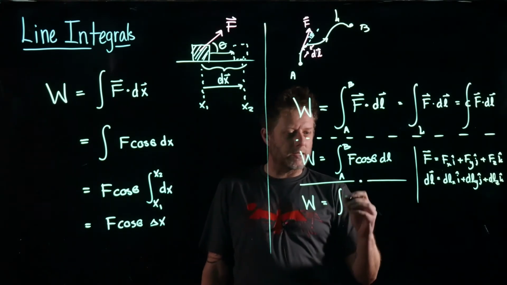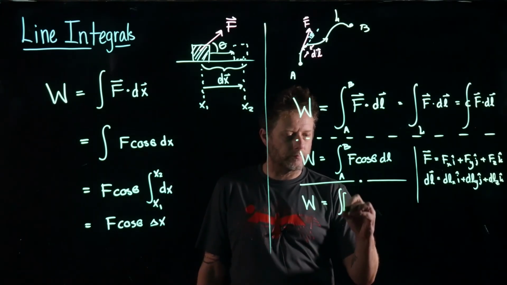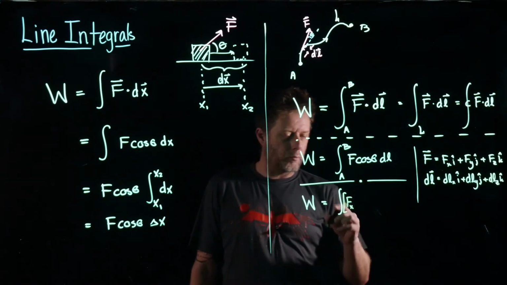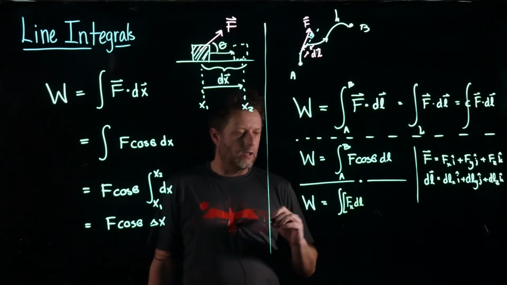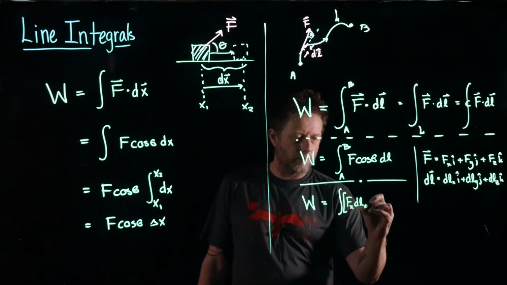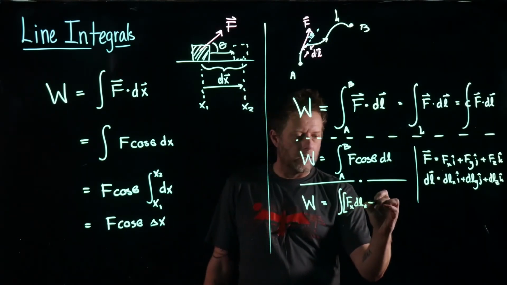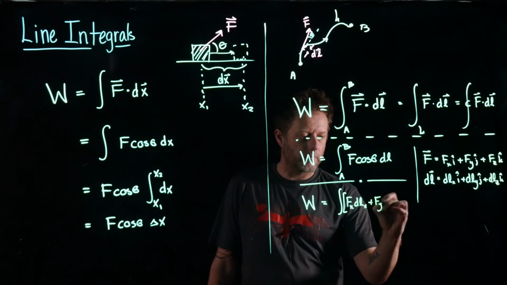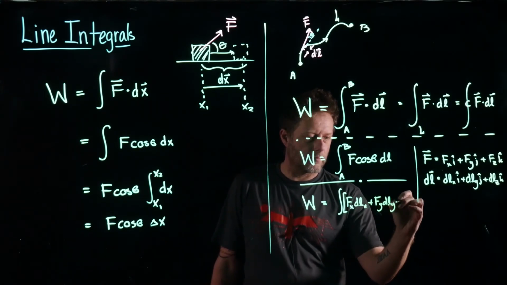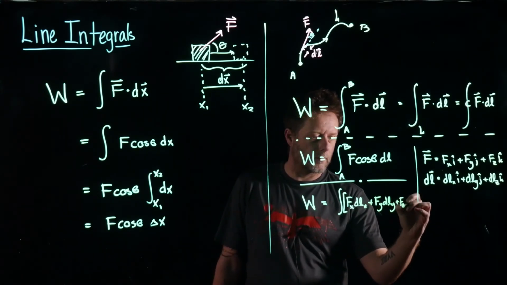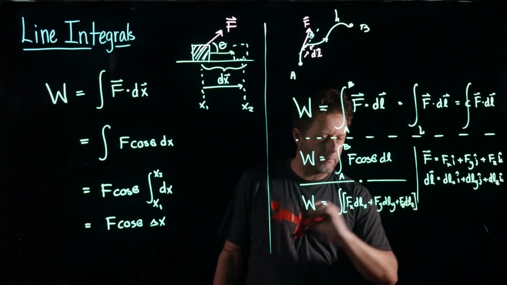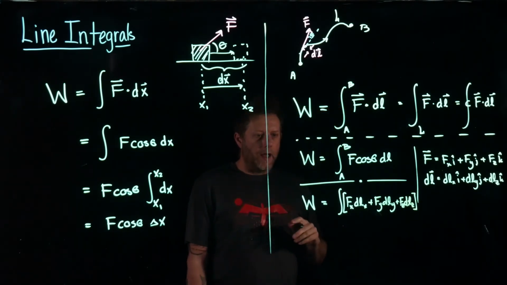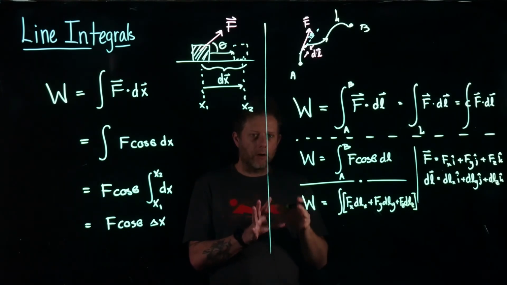So we can write this integral as x component of the force times the x component of the displacement, and then we sum them up. And now we have an integral of three terms.